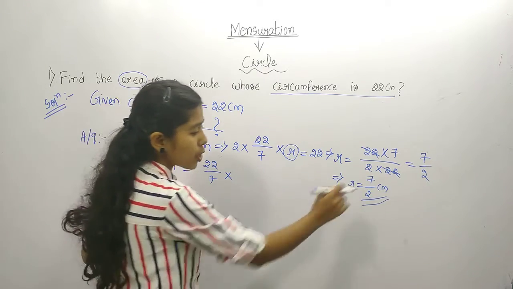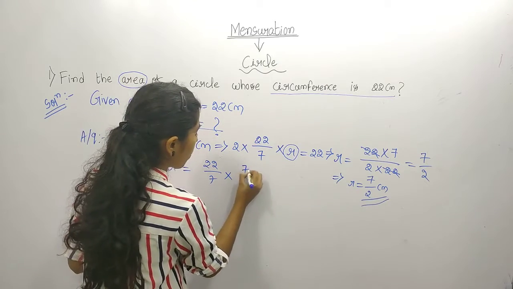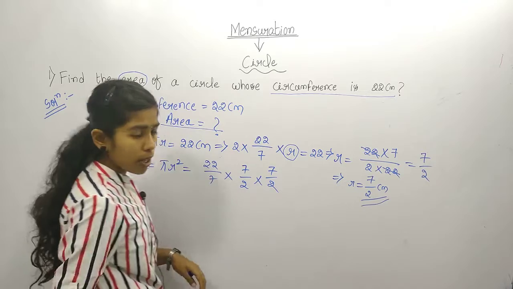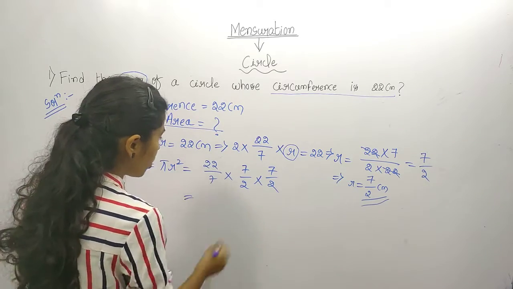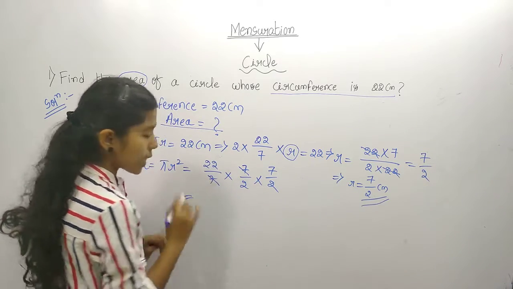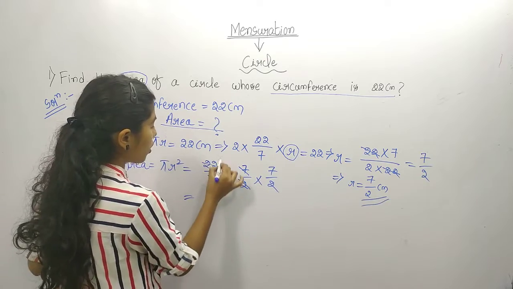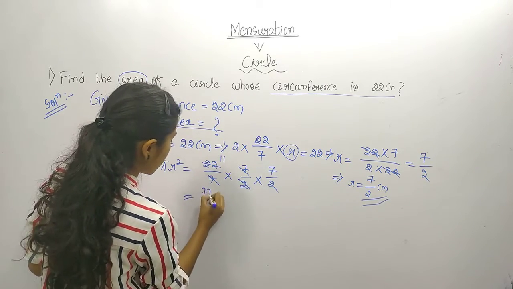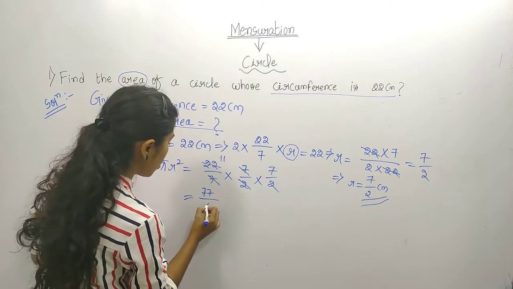Here r is 7 by 2. So 7 by 2 square means 7 by 2 into 7 by 2. Now 7 and 7 will cancel each other. Here 2 into 11 is 22. 11 into 7 is 77 divided by 2.